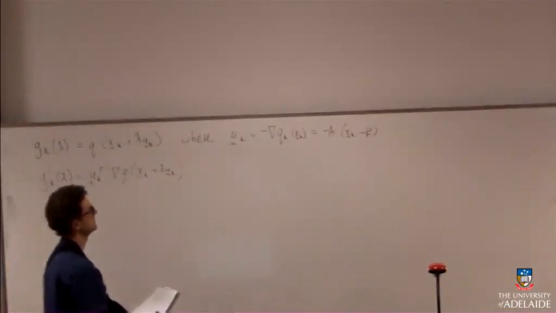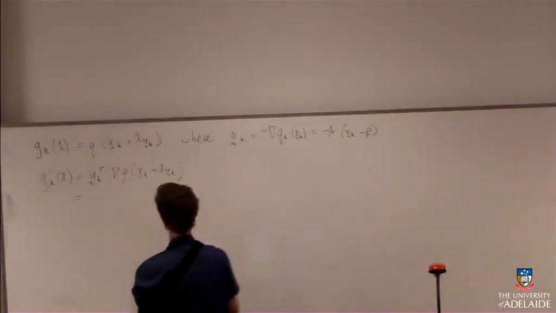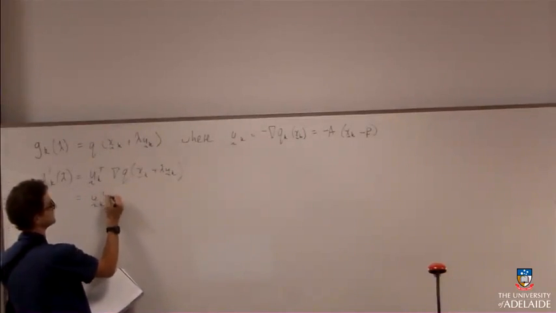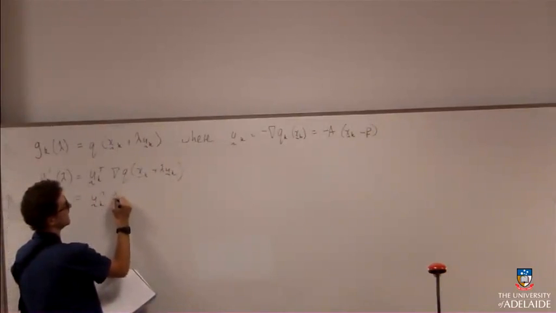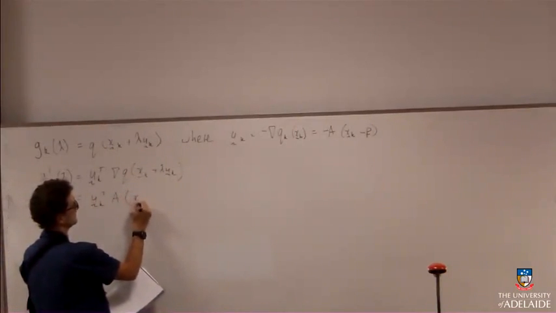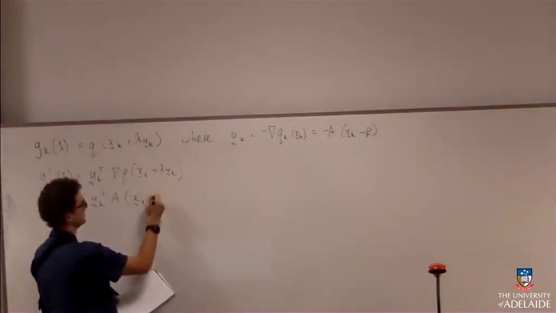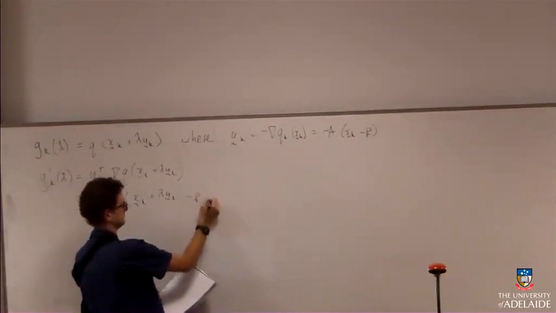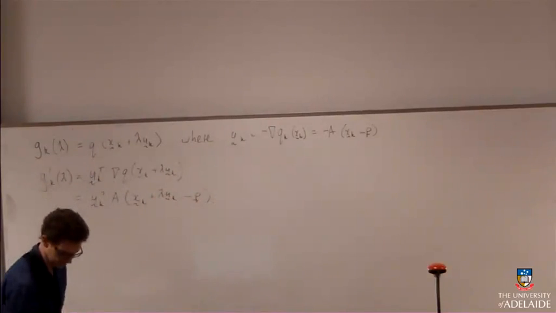Now I know what the gradient of q is. So the gradient of q is negative of that. So this is uk transpose a, xk plus lambda uk take away p.